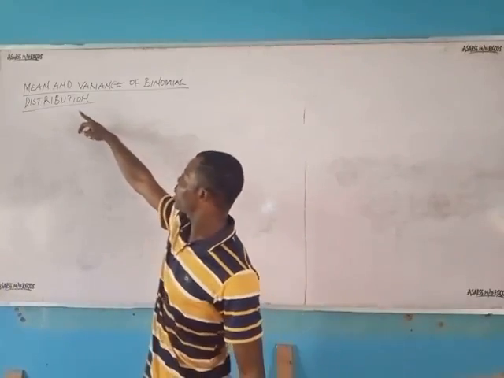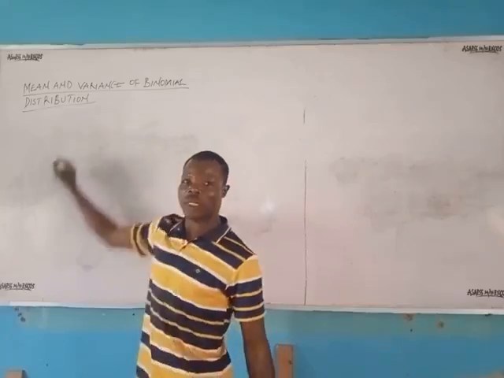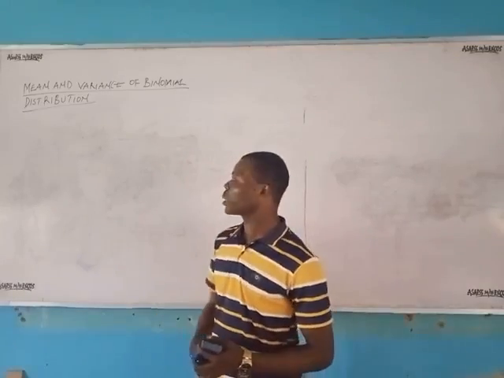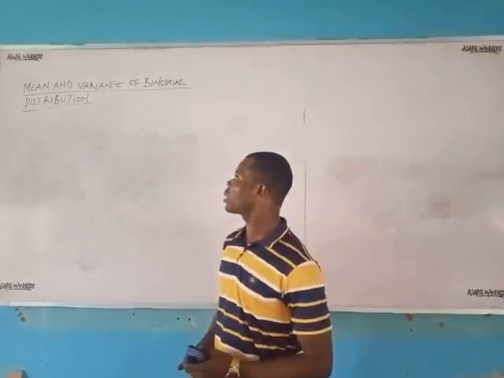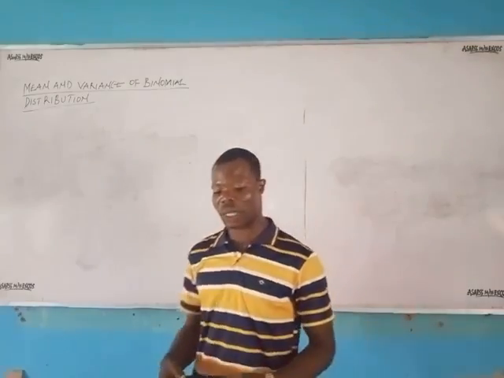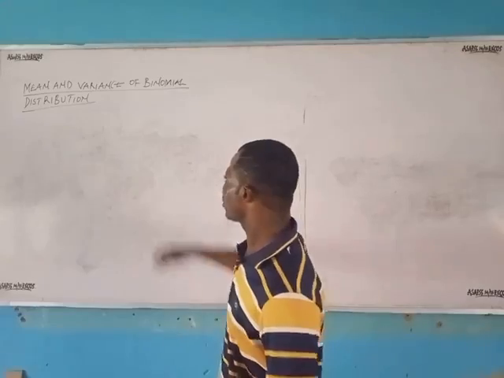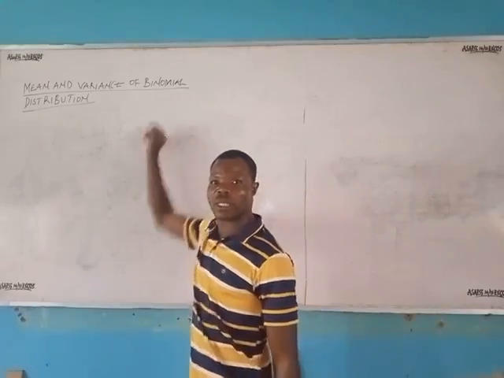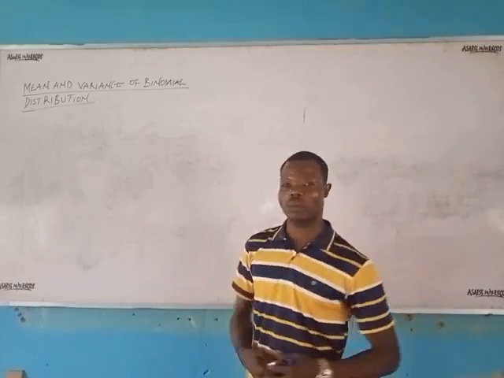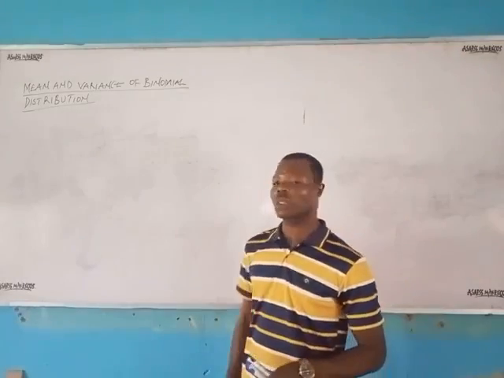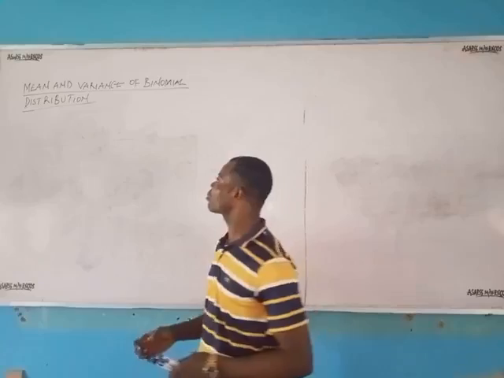We want to find the mean and variance of the binomial distribution. In our last class, we treated the mean and variance of a gamma distribution. Binomial distribution is one of the discrete distributions that we have in mathematics or statistics.